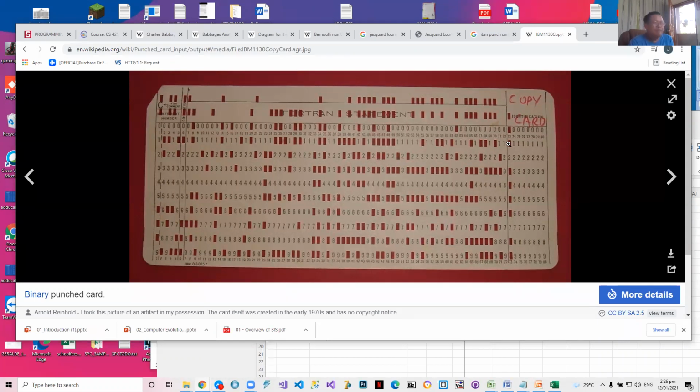Atanasoff-Berry computer. I think it's 1937. No? Sila yung unang naka-invent ng binary numbers according to the suggestion of Ada Lovelace. Kasi Ada Lovelace suggested to Charles Babbage to use binary numbers instead of decimal numbers.